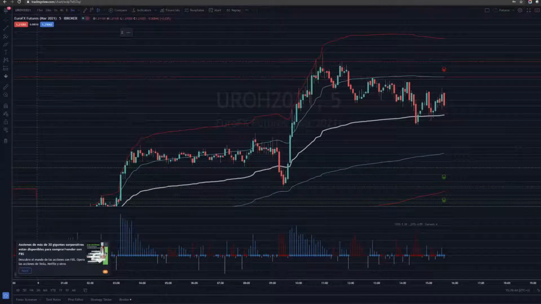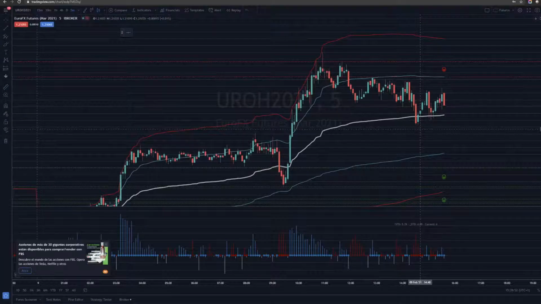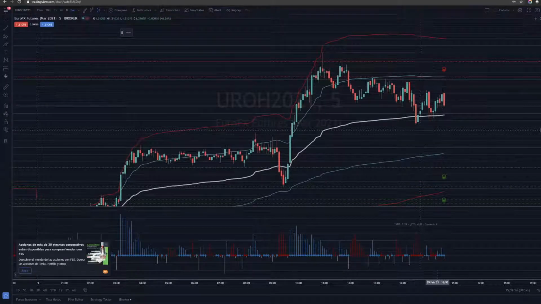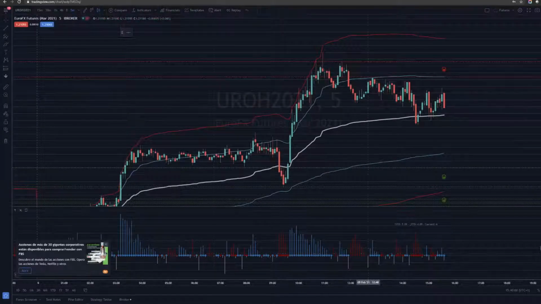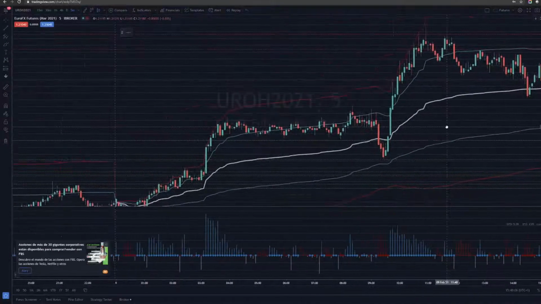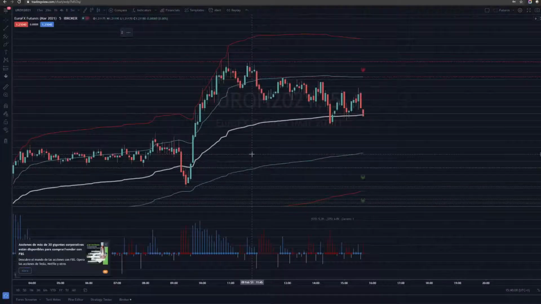All right. So as you know, or you may know, we trade with UFOs. The UFOs show us the selling zones and the buying areas, and we also have the climate, which helps us to identify the direction of where we should be trading, right?